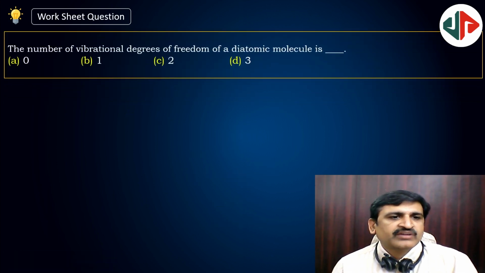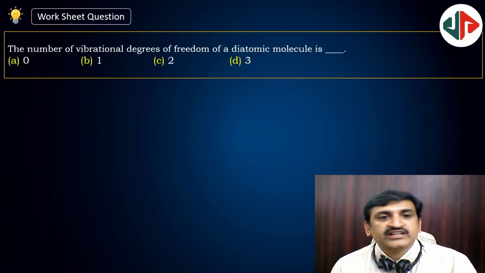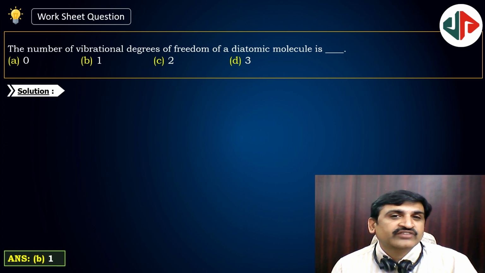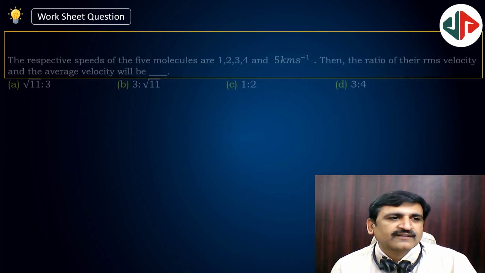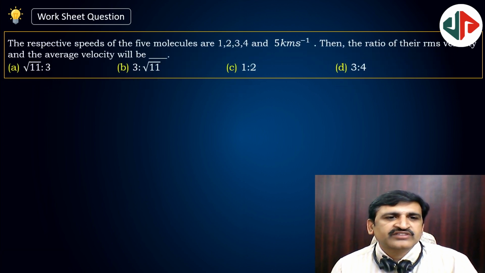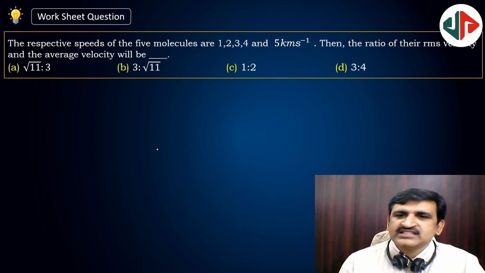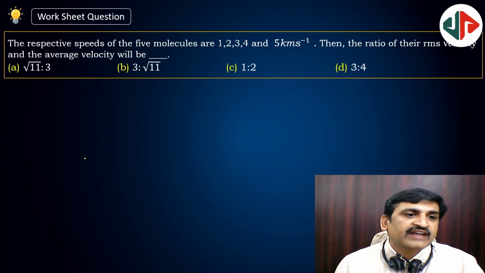The number of vibrational degrees of freedom for a diatomic molecule at low temperatures is only 1. Not the total degrees of freedom, only vibrational he is asking. The respective speeds of the 5 molecules are given. The ratio of their RMS velocity and average velocity will be a lengthy question.